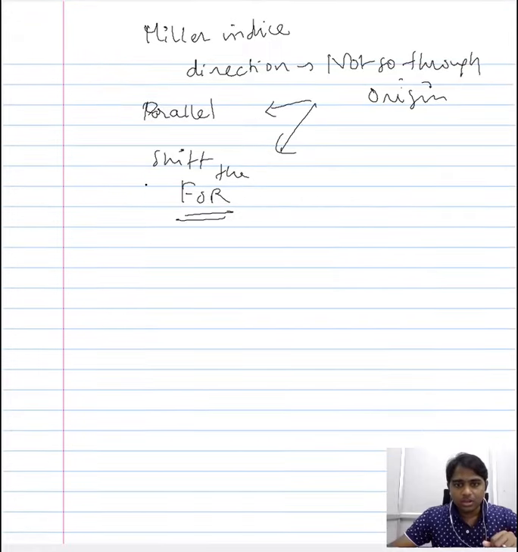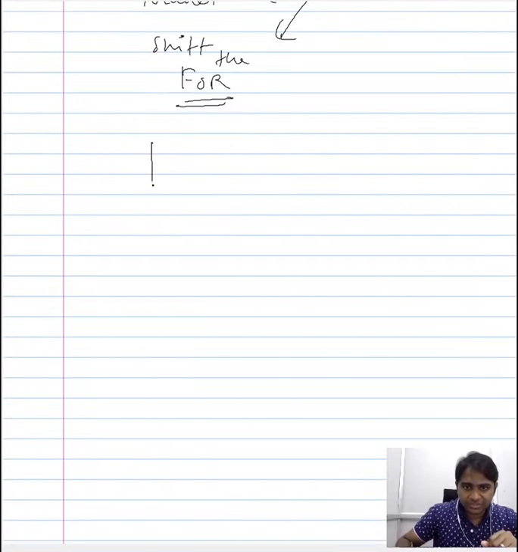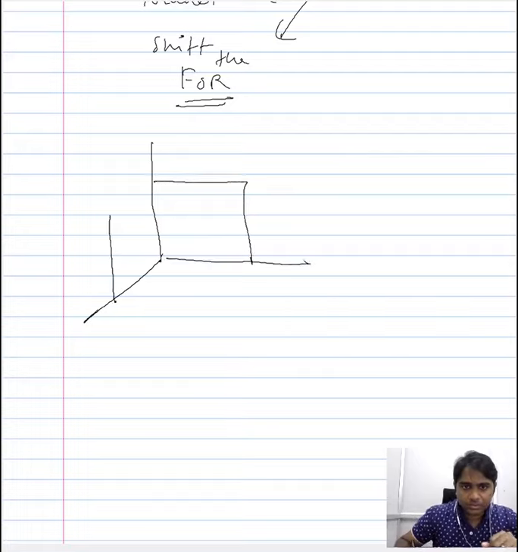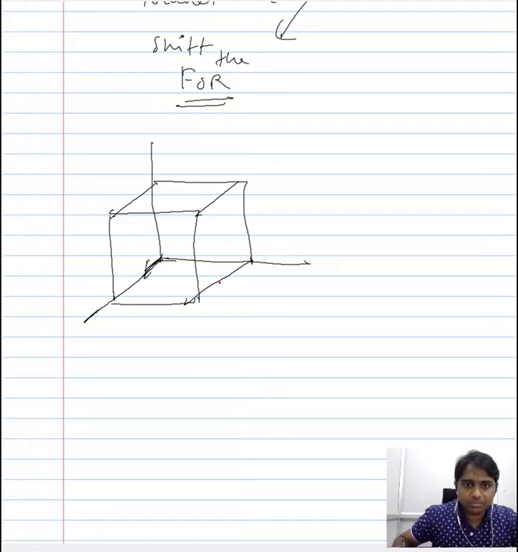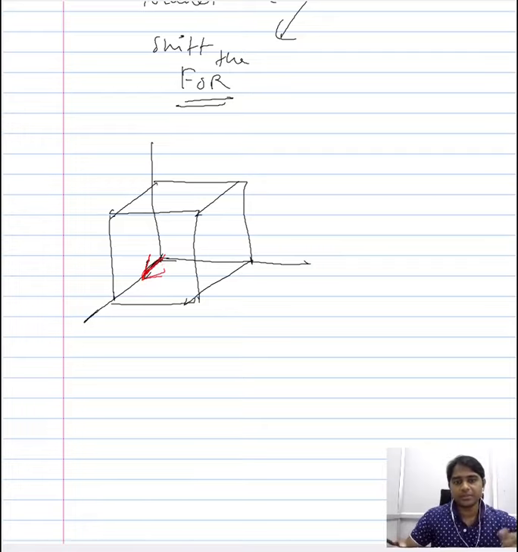Now, if you have a direction that is given something like this, so you have a unit cell, and here we want to consider a direction something like this. So this is the direction that you want to represent. How would you then talk about a direction wherein it does not reach the end of your unit cell, it is confined within the unit cell?